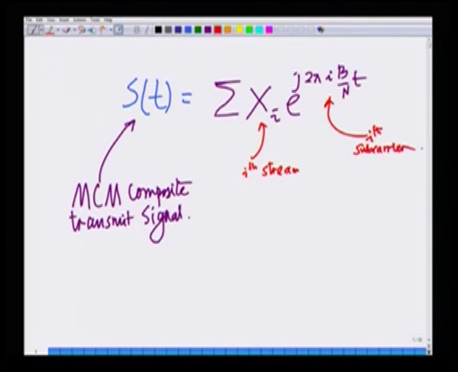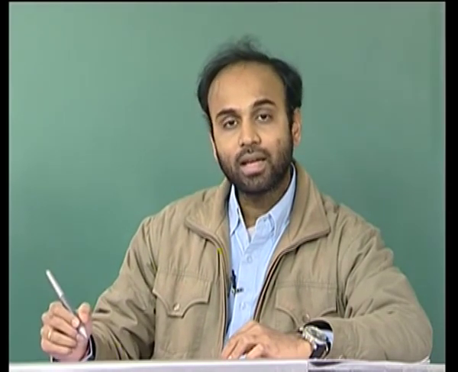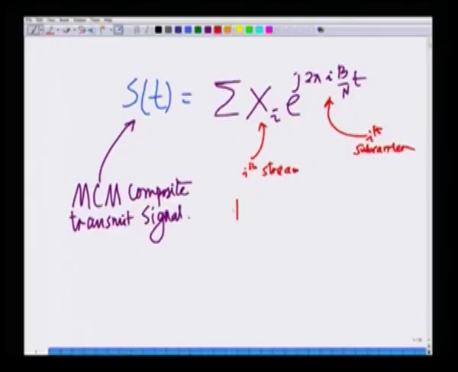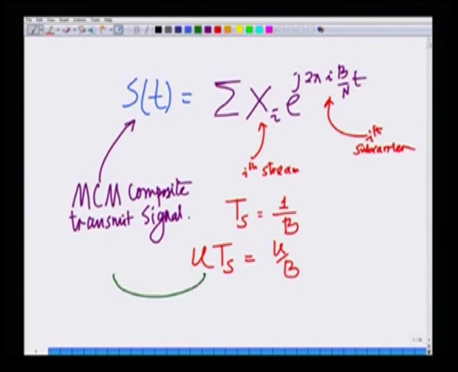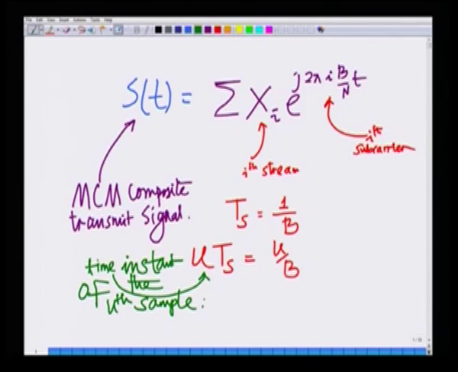I can sample this at rate B, which means the sample interval Ts equals 1 over B. Let me consider the uth sample. The time corresponding to the uth sample is u Ts, which is u over B. This is the time instant of the uth sample.